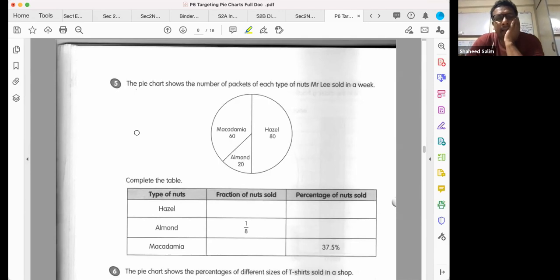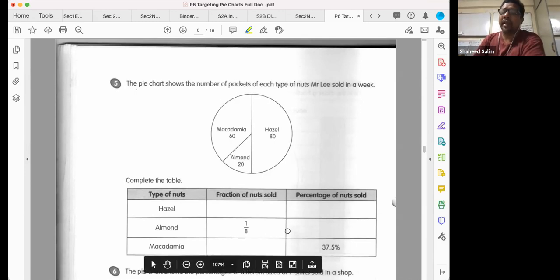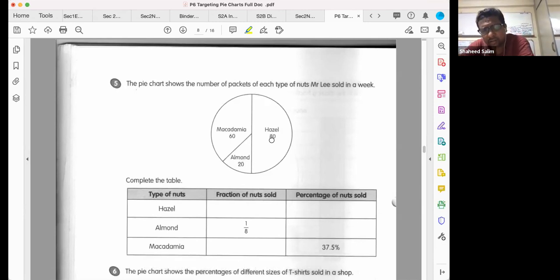Almond, well done, Zahira. So far, the only person getting almond correct for percentage is Zahira. Very easy. If you have the fraction, you just times by 100, you get the answer. Hazel, you don't even need to count. You know how many percent this is. It's half. Half is how many percent?